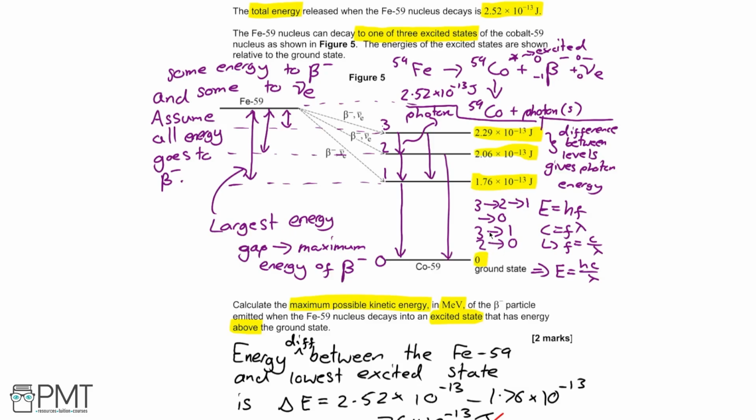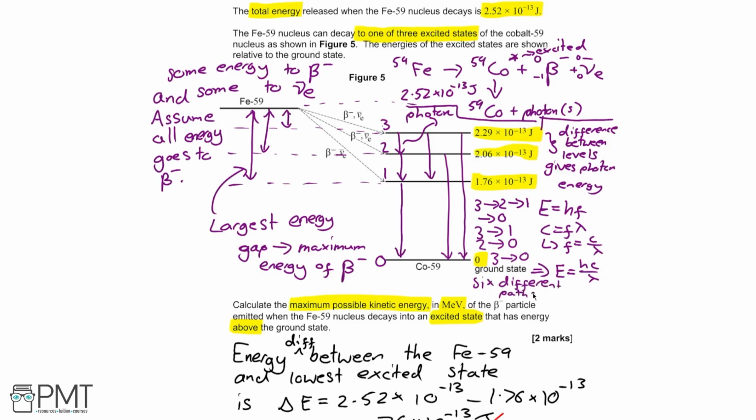Finally, we could also go from level 3 to level 0, so straight from the top. This constitutes 6 different paths through which we could decay from the top level to the bottom.